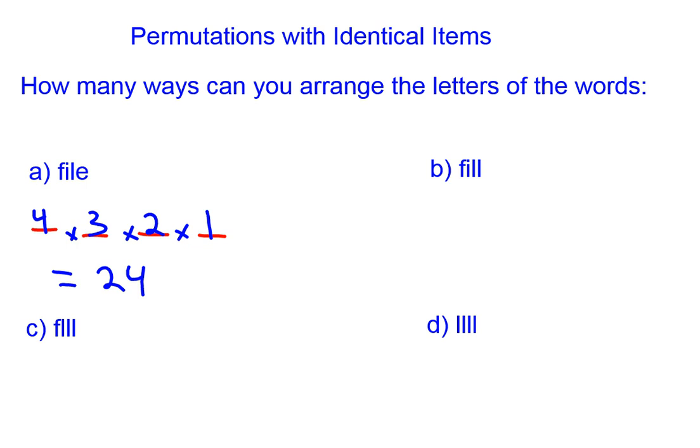If we go on to the word fill now, you might think, well, there are still 4 letters to choose from, and so things might look very similar. But here's what I want you to consider: what happens if we swap the last 2 letters?